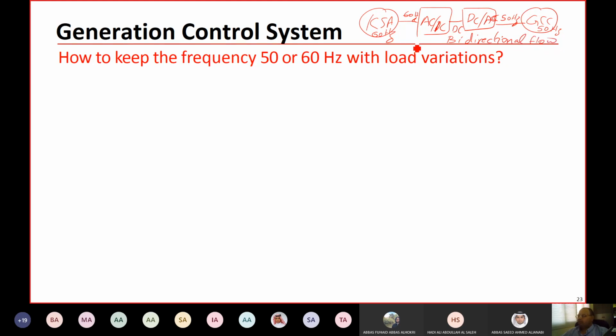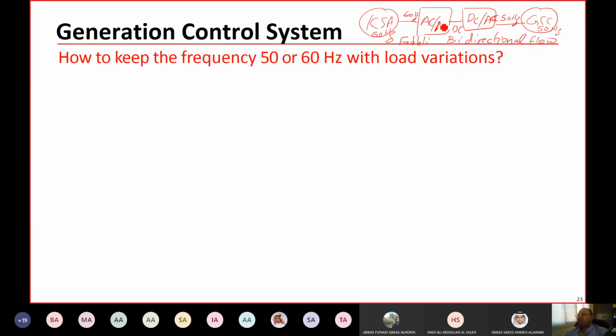In Saudi Arabia here, you have this substation. This is Fadli substation, which connects GCC countries, whether Bahrain or others, to the Kingdom transmission system.